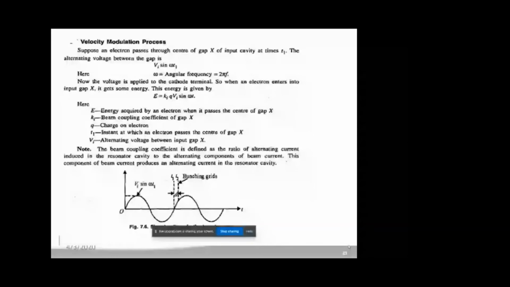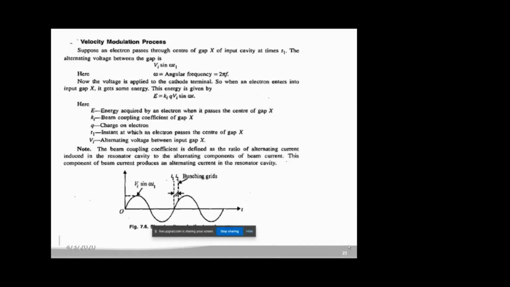Unless you imagine the construction of this two-cavity klystron in your mind, you are not going to understand the derivation, because of terms we use, for example when the electron enters gap X, when it leaves gap X, and what its velocity is.